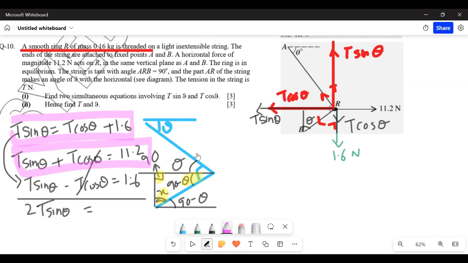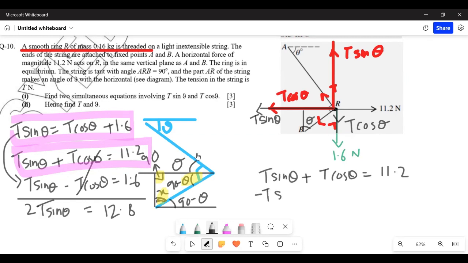Okay, so we're getting T sine theta equals 11.2 plus 1.6, which is 12.8, divided by 2, that's 6.4. That's going to be equation number one. Next, I'm going to find T cos theta. For that, I'm going to use the same simultaneous equations again, but this time I'm going to multiply the second one by negative one.